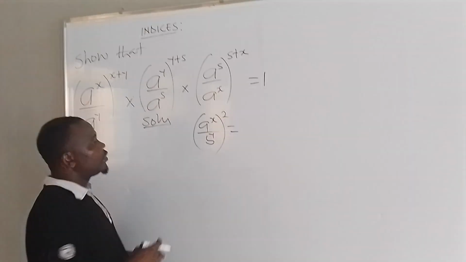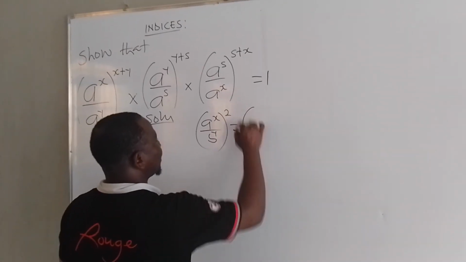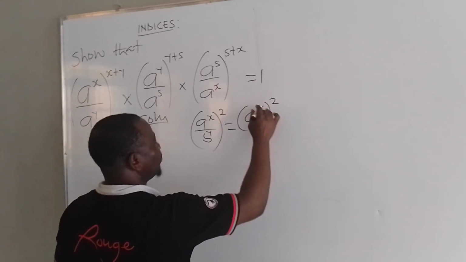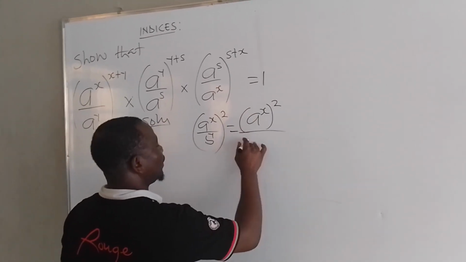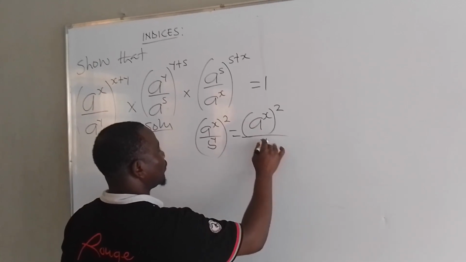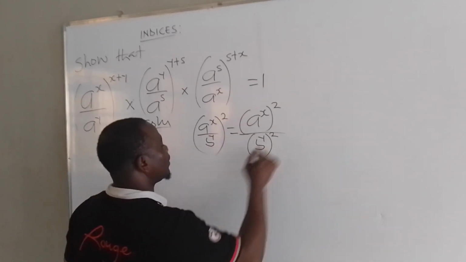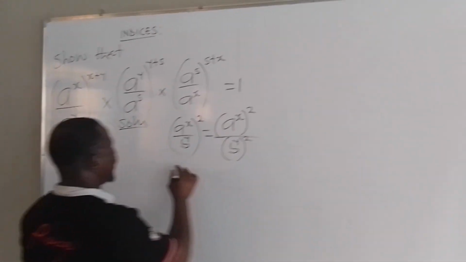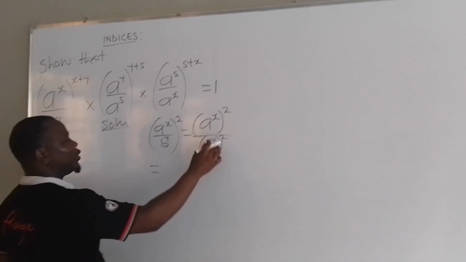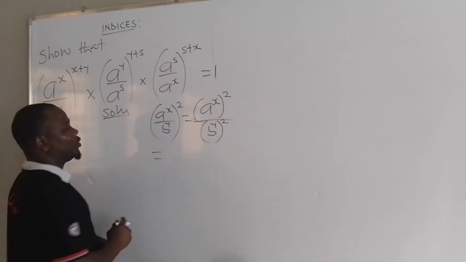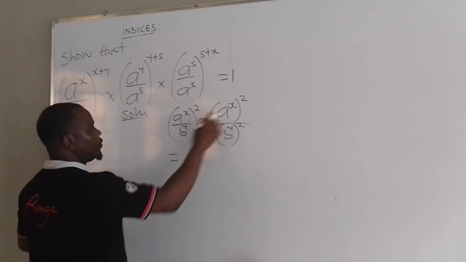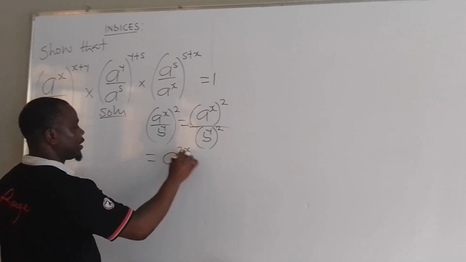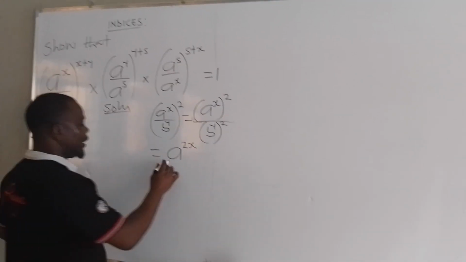Are you following? So this is the same thing as a raised to the powers of x all in brackets raised to the power 2 all over b raised to the powers of y all in brackets raised to the powers of 2. Please take note. So by the time you apply the power law, both top and bottom, the top will give you a raised to the powers of x times 2, which is 2x.